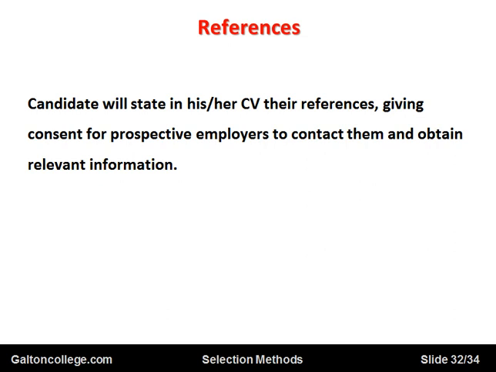So it's important that the candidate has cleared that with the two referees in advance. In other words, contact them and ask them if they would be willing to act as the referee. Don't just put someone's name there so that they're contacted out of the blue, contacted almost randomly as they see it, and asked questions about someone. So this should be pre-warned that they are going down as referees.